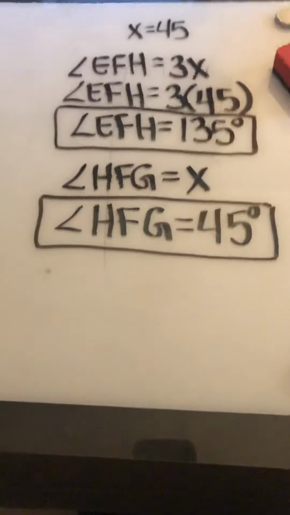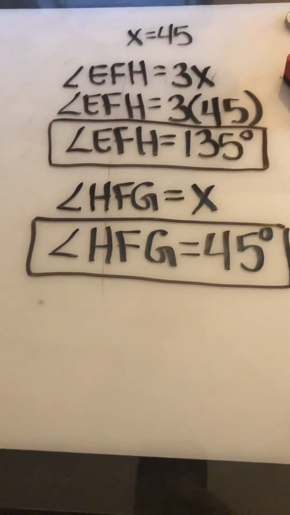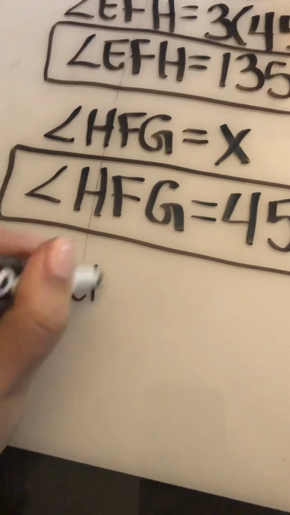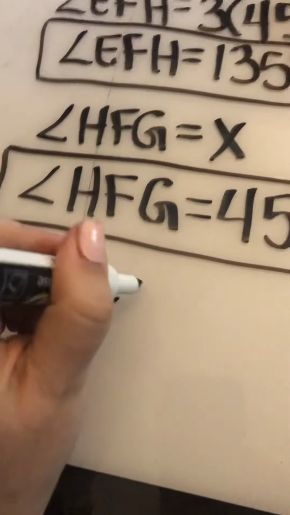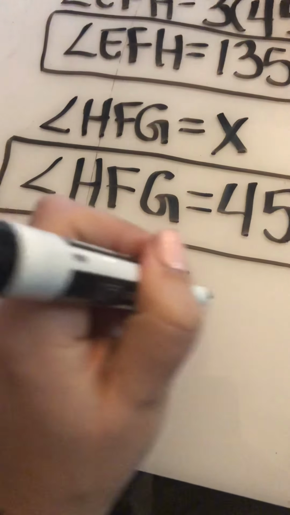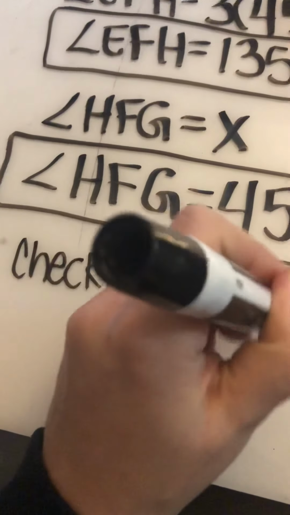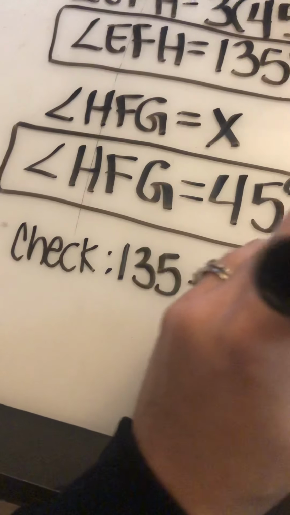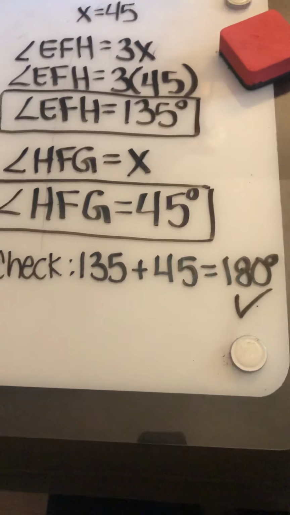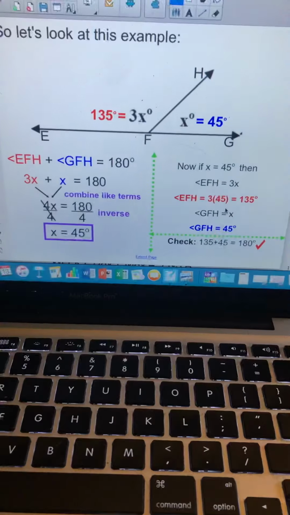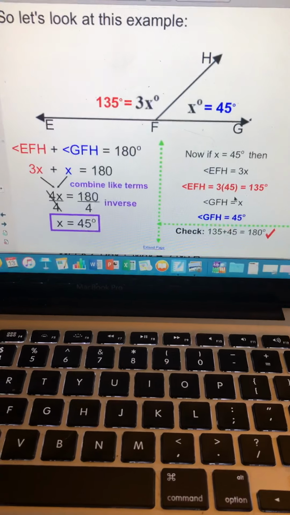And now that we have the two angles, the last thing you should do is just a quick check. Make sure that these two angles add to 180. If they don't, then something went wrong in your calculation, but we see that these two do in fact add to 180, so I know that we're correct.